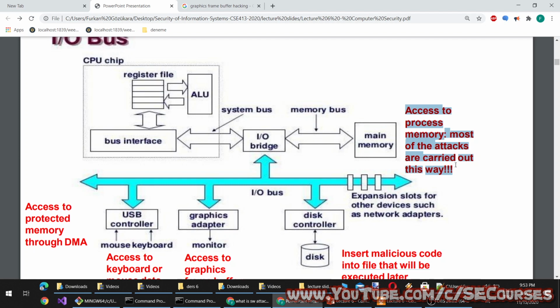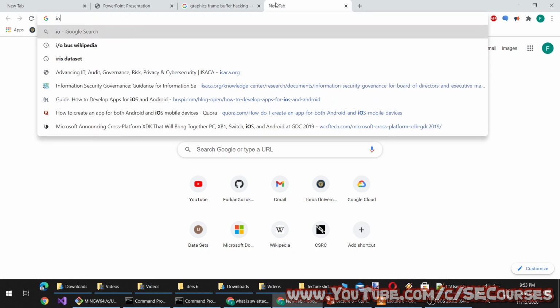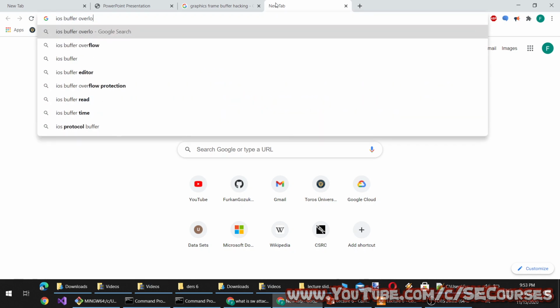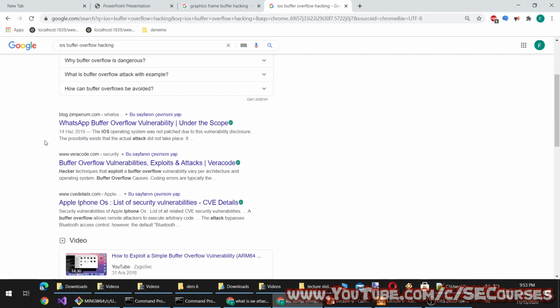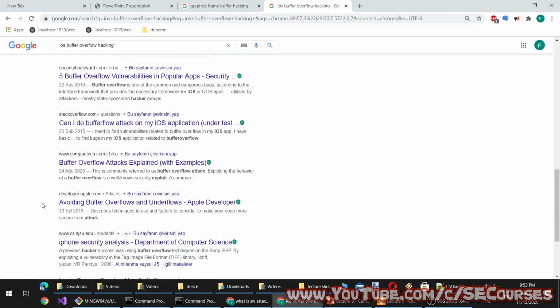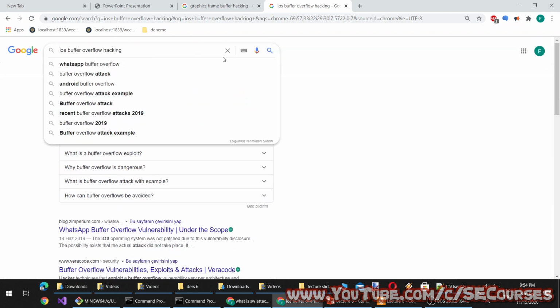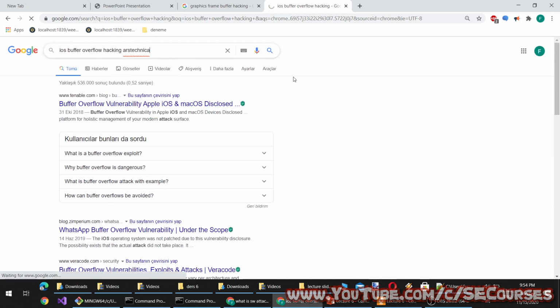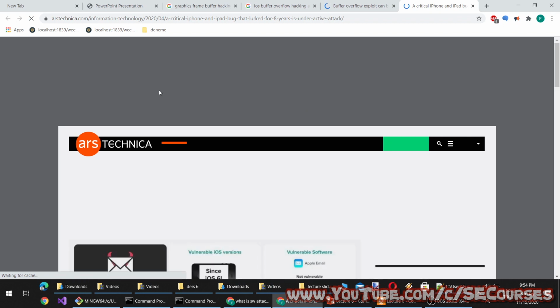For example, I think recently there was a bug that let hackers exploit buffer overflow of the browser in iOS or Android.